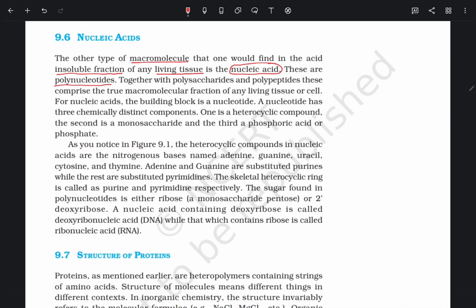Together with polysaccharides and polypeptides, these comprise the true macromolecular fraction of any living tissue or cell. In nucleic acids, the building block is a nucleotide. A nucleotide has three chemically distinct components. One is a heterocyclic compound, the second is a monosaccharide, and the third is phosphoric acid or phosphate.